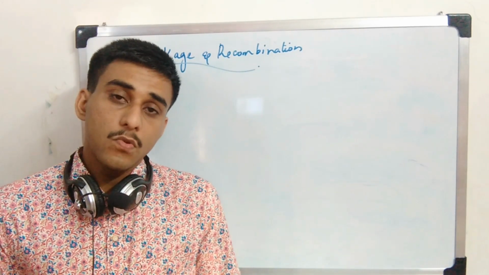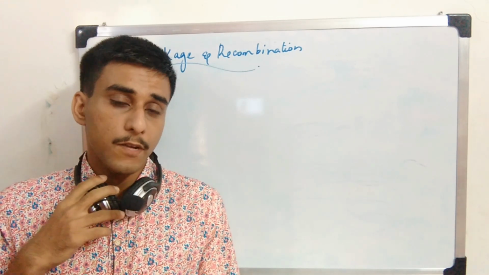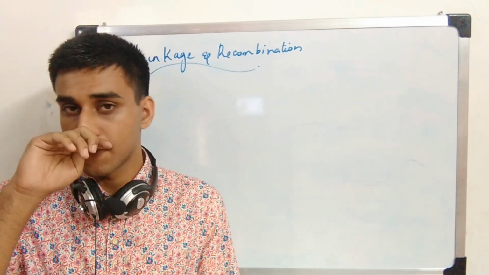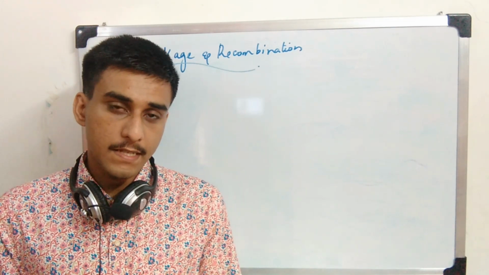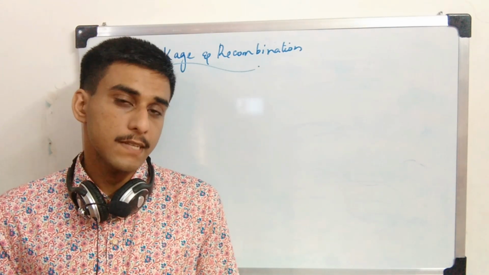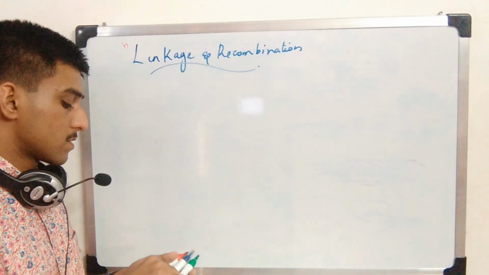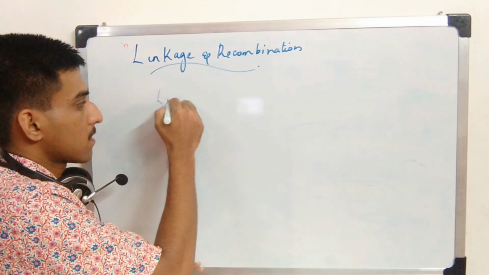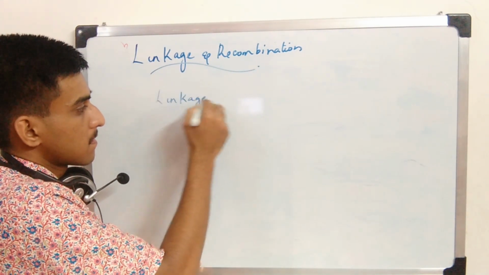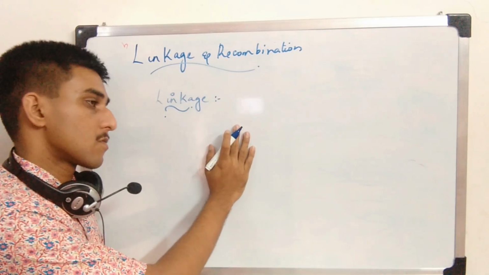So now we are going to look much more deeply at linkage. What do you mean by linkage? It is the physical association of genes present on the same chromosome, right? Linkage, it is the physical association of genes on a chromosome.